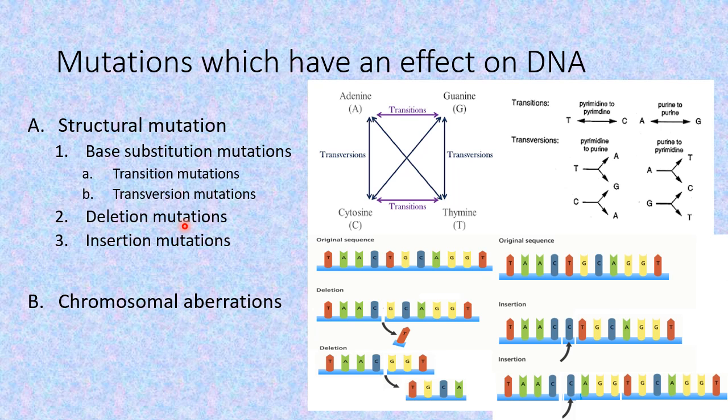This deletion mutation or the insertion mutation may involve a single nucleotide, or they may involve a set of nucleotides or a small stretch of nucleotide sequence, as we have already seen previously in this very video. So deletion mutations and insertion mutations.